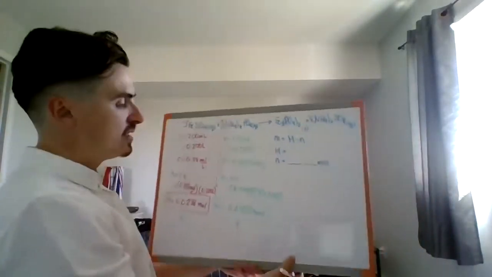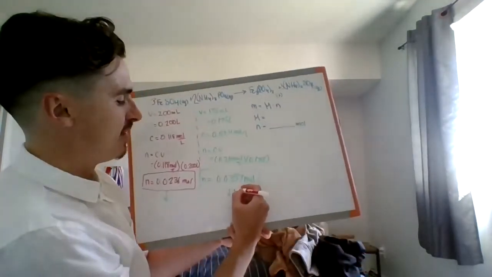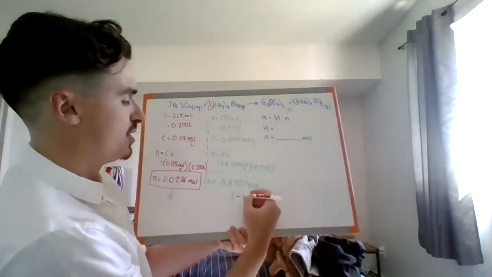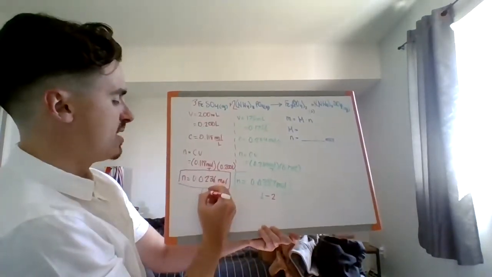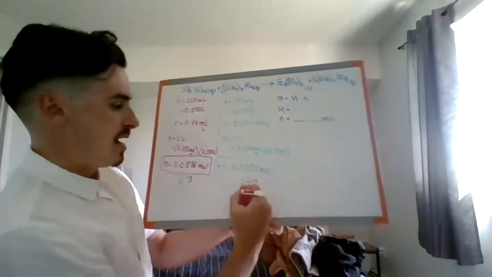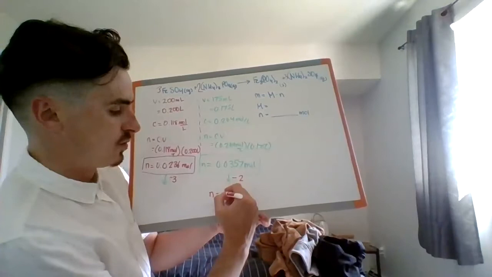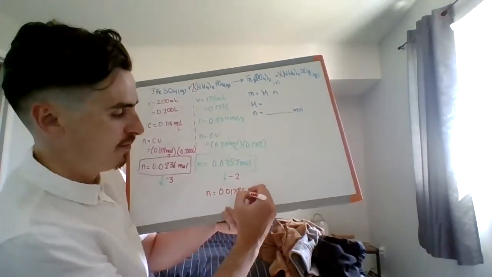Okay, that means to figure out what the limiting reagent is, I'm going to divide. This coefficient is 2. I'm going to divide that moles by 2. Coefficient is 3. I'm going to divide this by 3. So down here, I'm going to get n is equal to 0.01785.